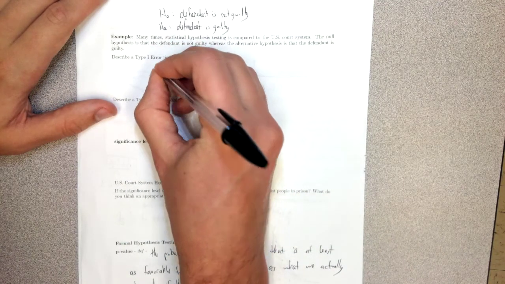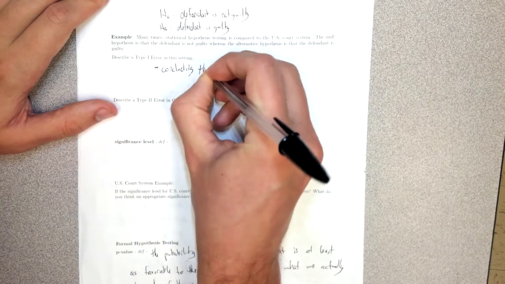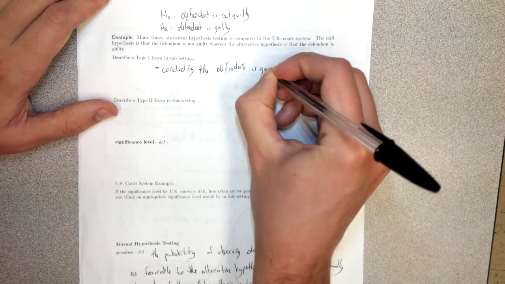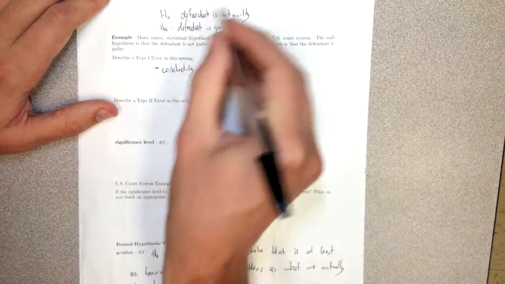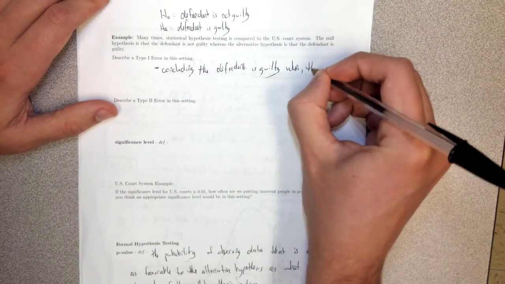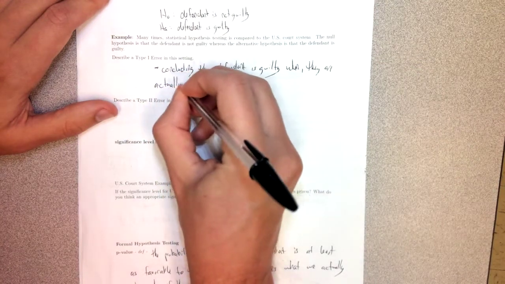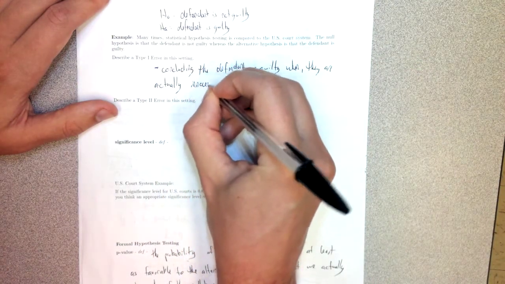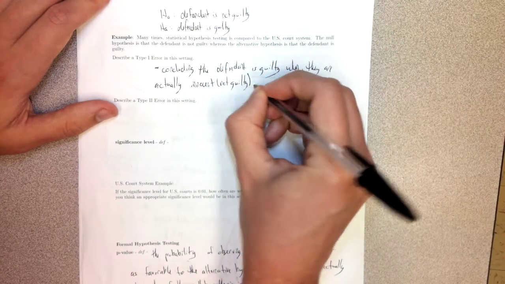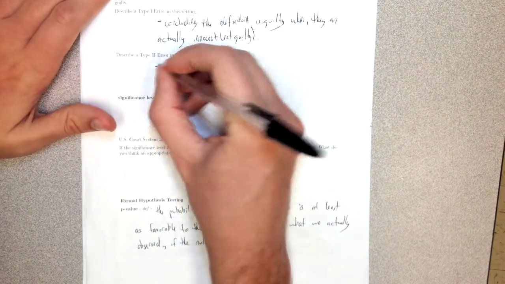In this case, a type 1 error would be concluding the defendant is guilty. So you're rejecting that null hypothesis when they are actually innocent or not guilty. Type 2 error is just the opposite.